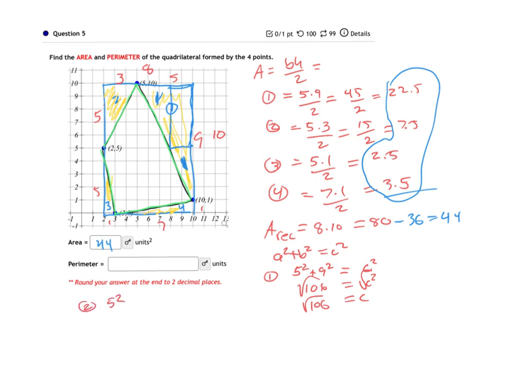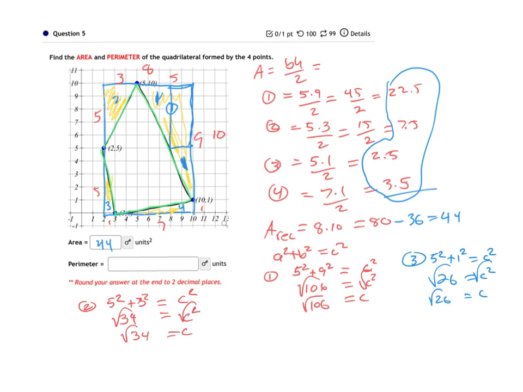So that's 5 squared plus 3 squared, 34. And again, I want to take the square root of that, so I get c is equal to the square root of 34. Let's take a look at region 3. And in region 3, we have 5 squared plus 1 squared equal to c squared. So that's 26 equal to c squared. Do the square root, so c is equal to the square root of 26.